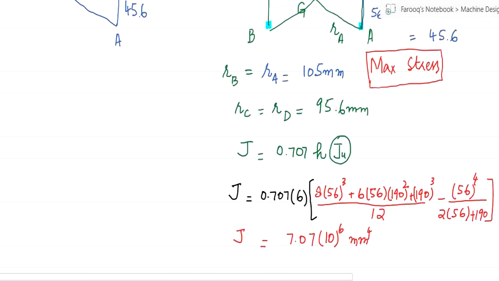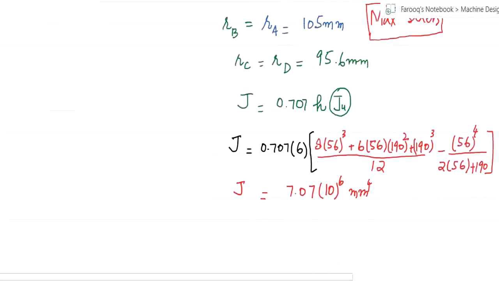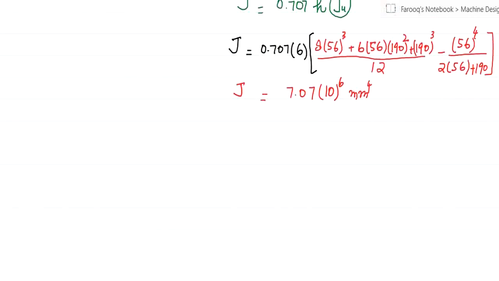So now we know the value for M, R and J, so we can find the value for secondary shear stress.